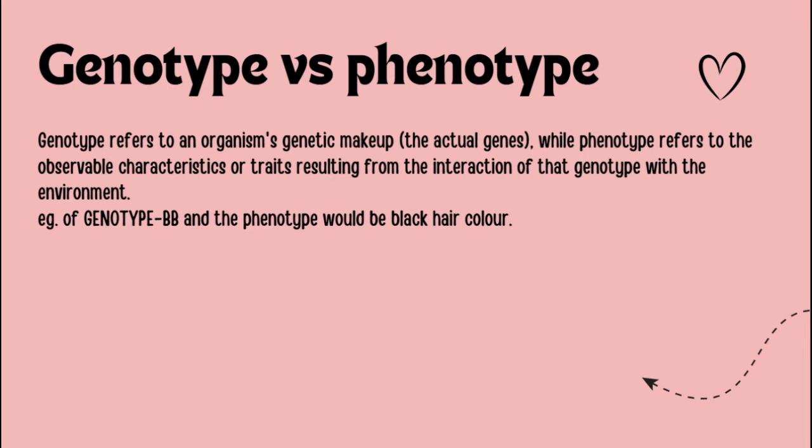So genotype, genetics, and then phenotype, physical characteristics, right? So if we have a genotype, big B, and we say that big B goes for black hair, this is the genetic aspect, and then the phenotype would be the black hair color.